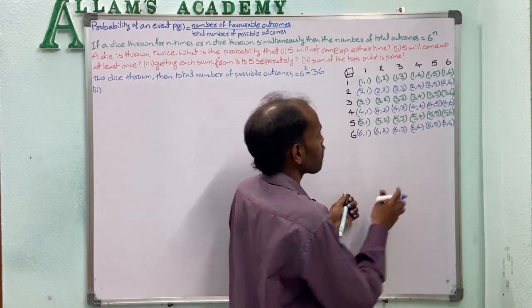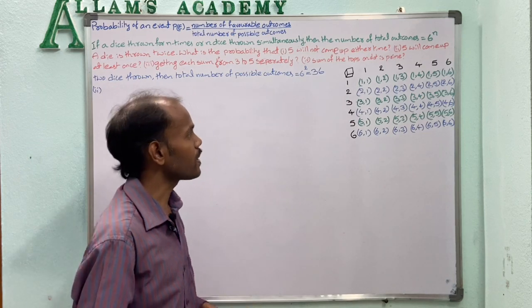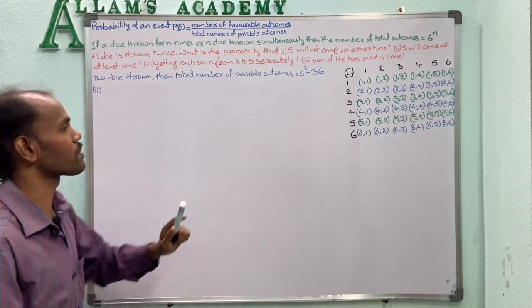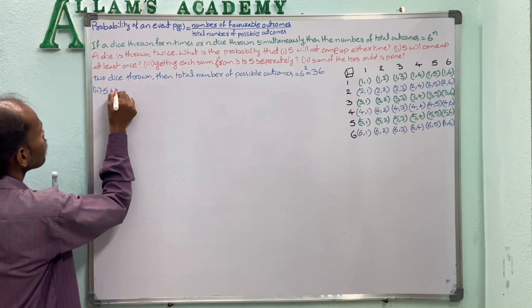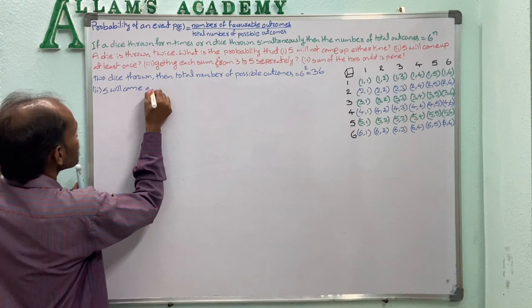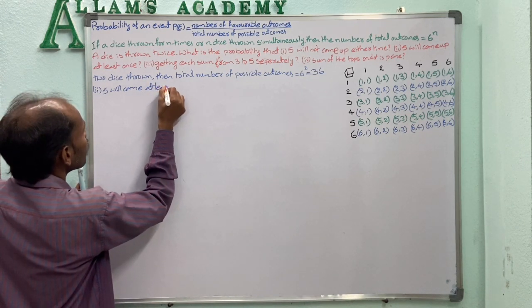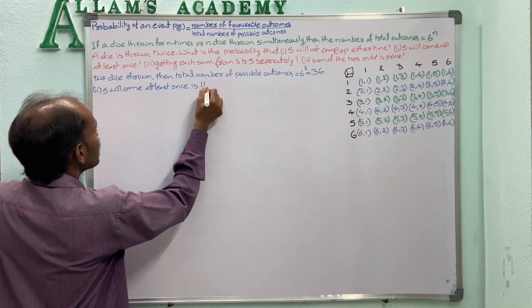But 5 comes 2 times together, that means the number of favorable outcomes is 11.